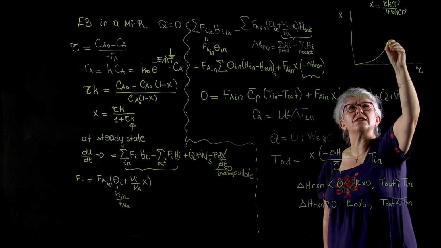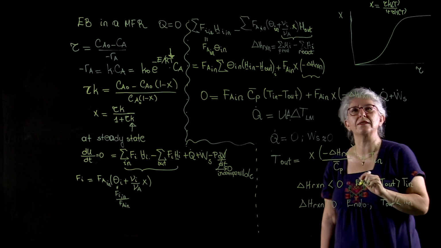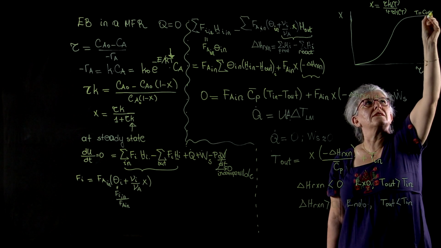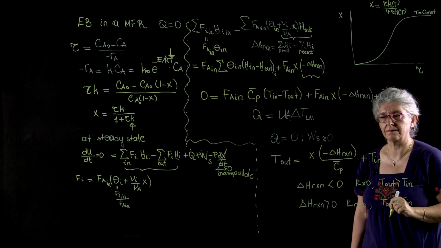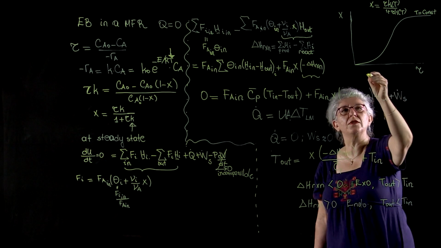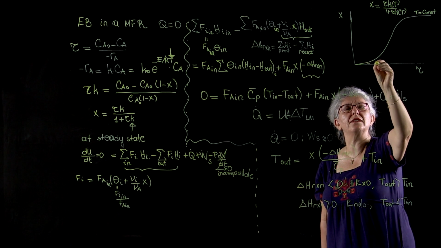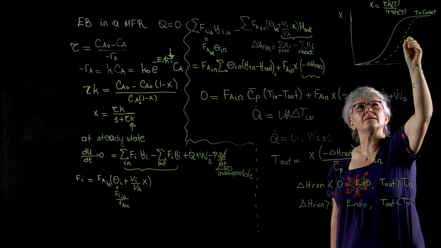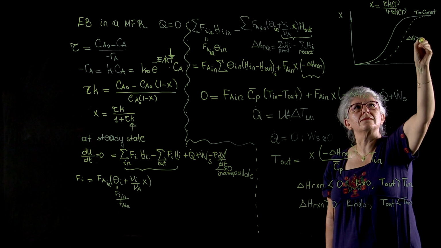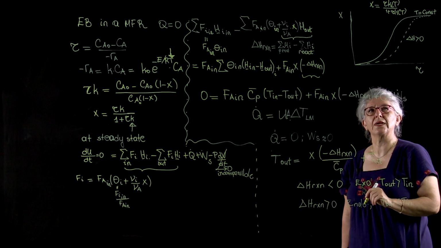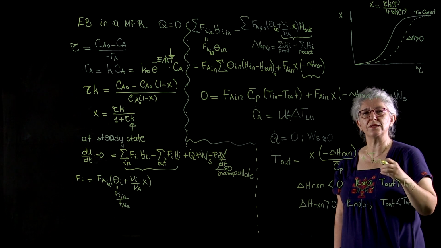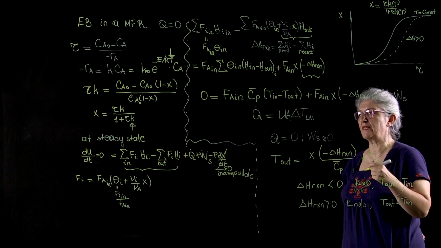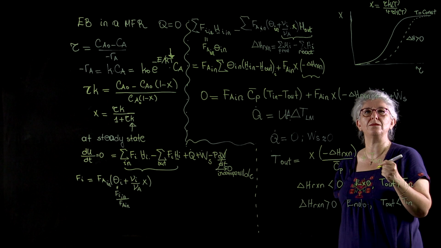For the isothermal reaction, our relationship went like a plain sigmoid, where temperature was constant. That curve shifts towards the right for an endothermic reaction; in other words, we need larger space-times to achieve the same conversion, because as the reaction proceeds, temperature decreases and the reaction slows down.